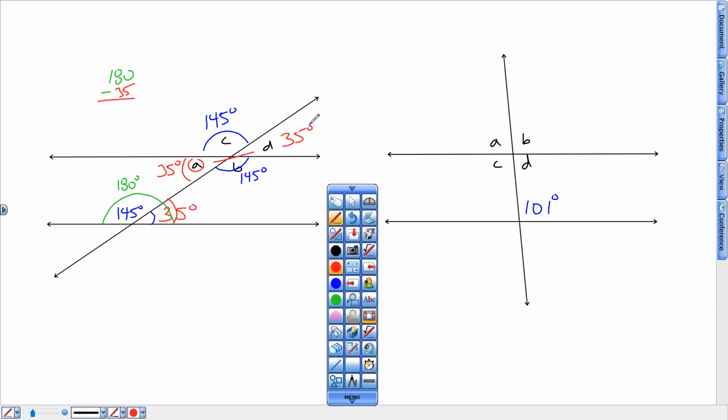So once I give you part of it, you could find the rest right away, knowing that angles right next to each other add up to be 180. Angles on the same side of this line slicing through the middle add up to be 180. And then I need you to see that other parts are equal too.